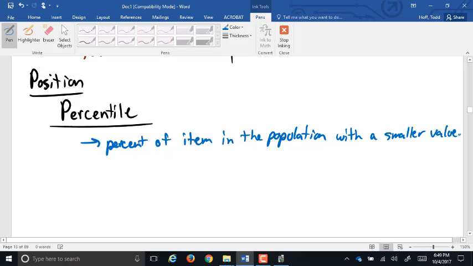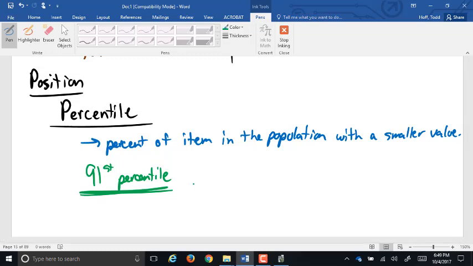So let's say you have your child in and you're told that they are in the 91st percentile for weight. What that means is 91% of all other children their age weigh less than them. You know, they might be in the 95th percentile for height too.